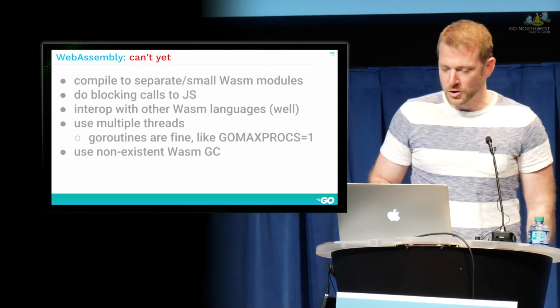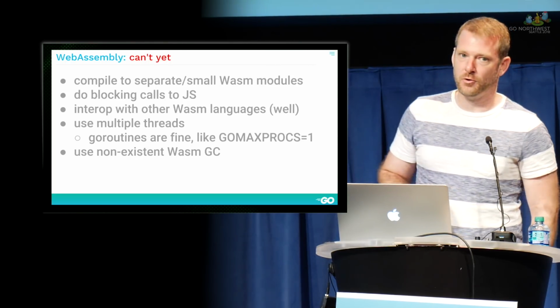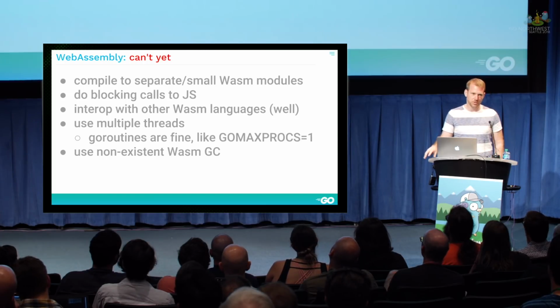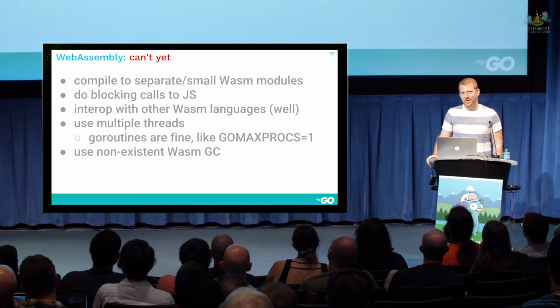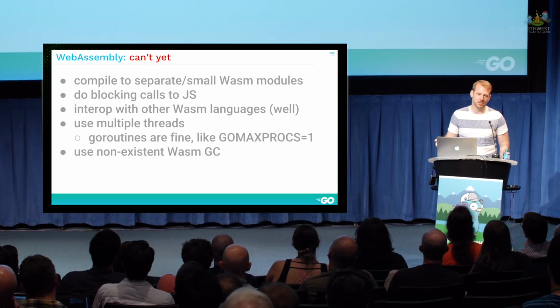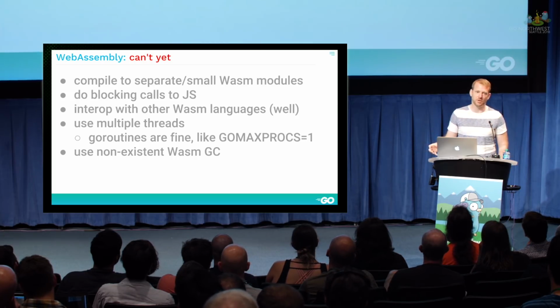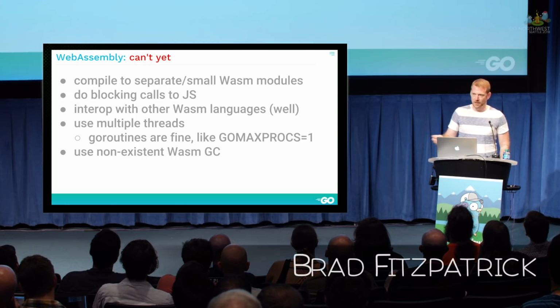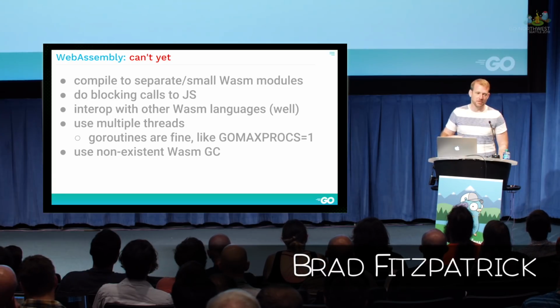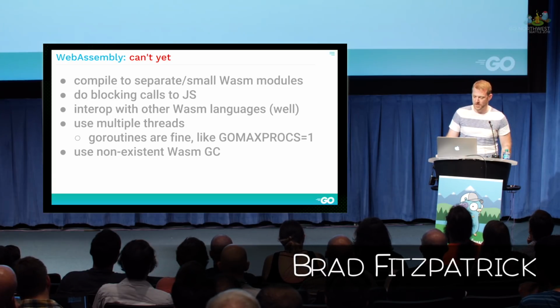You can't yet compile your program into different WebAssembly modules, which WebAssembly supports. So ideally, you would have the runtime in its own cacheable unit, so browsers don't have to re-download the Go runtime with channels and garbage collector and stuff every time you hit a site using Go WebAssembly.